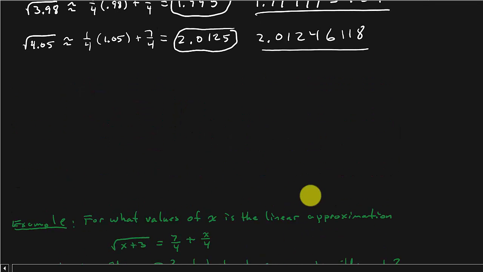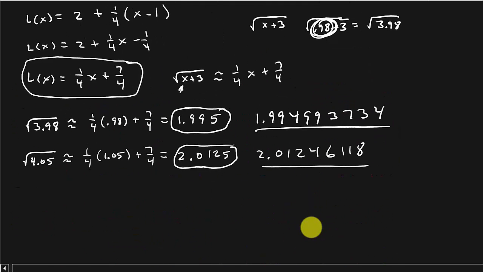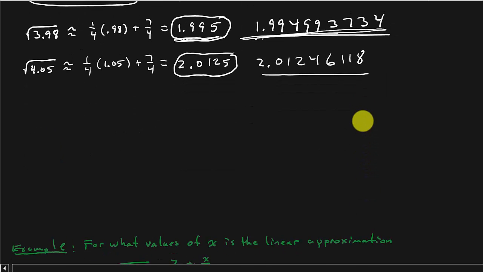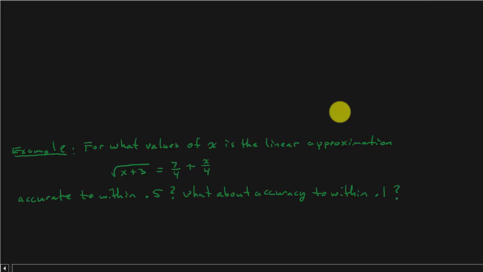Okay, you can see the accuracy here is pretty good. These numbers aren't off by much. Okay, so that has a good accuracy, and x is not far away at all. Okay, but let's see what we can do, and it'll make more sense when we look at a picture.